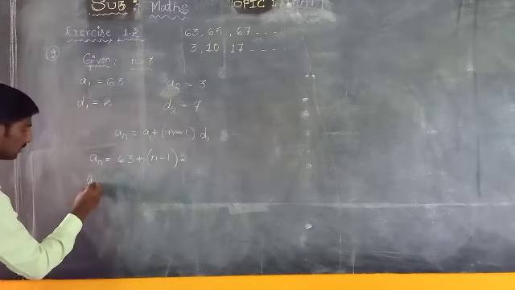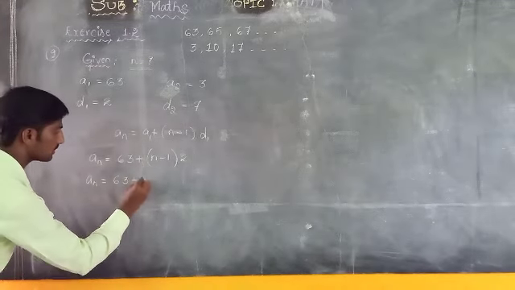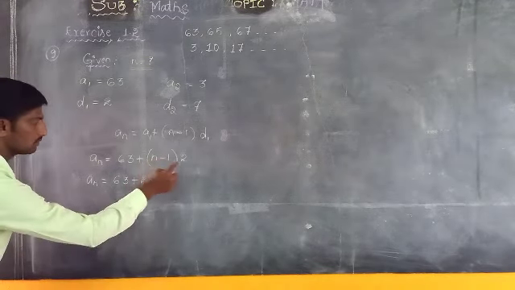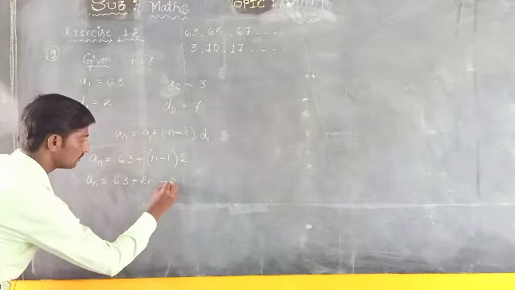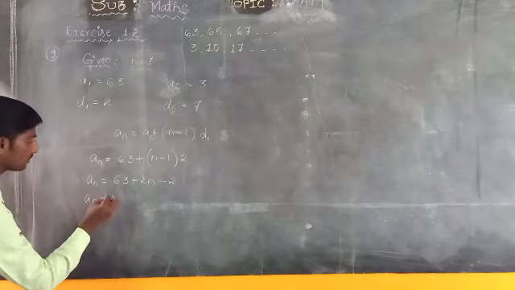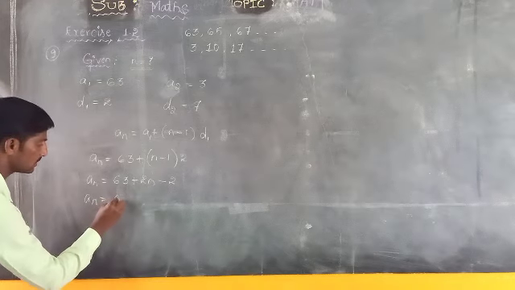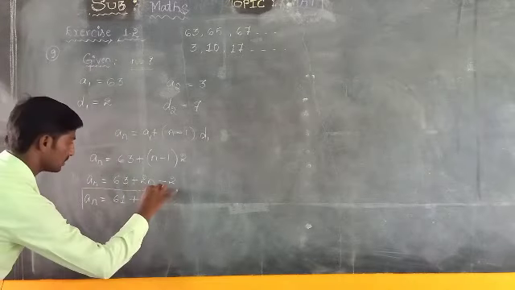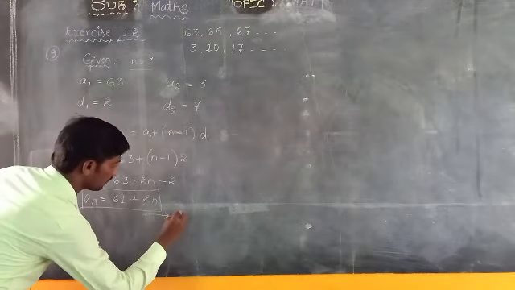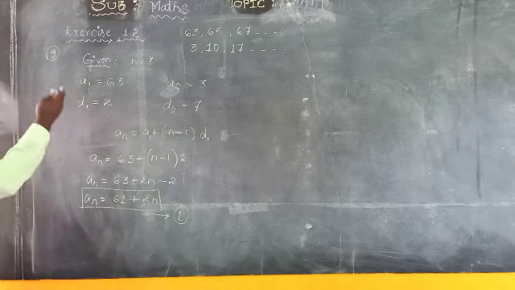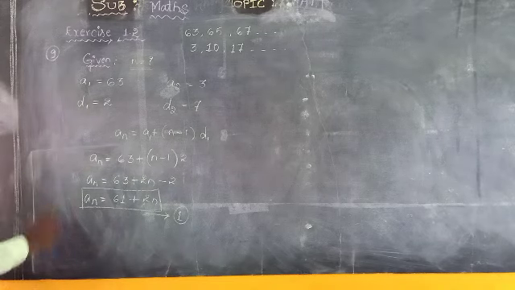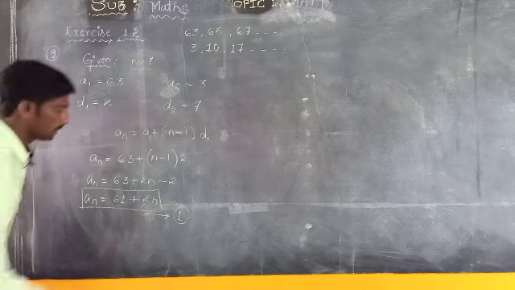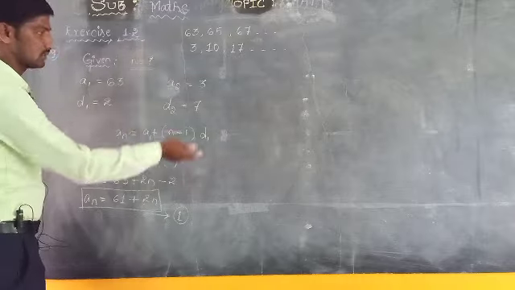Simplify it: an equals 63 plus 2n minus 2, that is an equals 61 plus 2n. Here I got one equation, call it equation number 1. By using the data of the first sequence, the nth term is 61 plus 2n. We use the same for the second sequence.